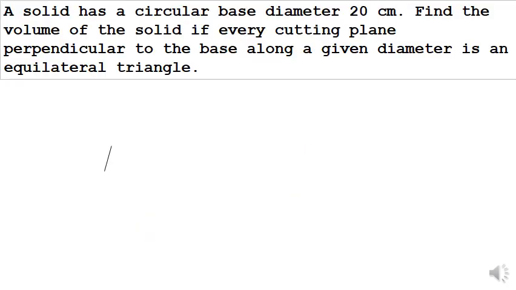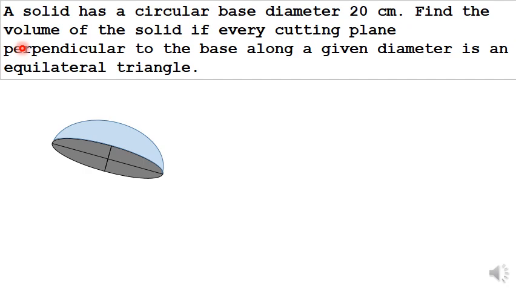Okay, a solid has a circular base with a diameter of 20 centimeters. Find the volume of the solid if every cutting plane perpendicular to the base along a given diameter is an equilateral triangle. What is that solid? Here is that solid.